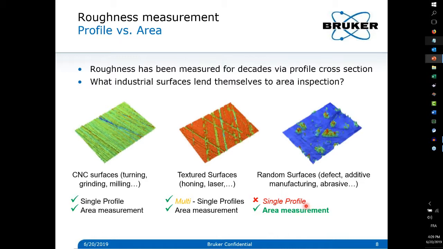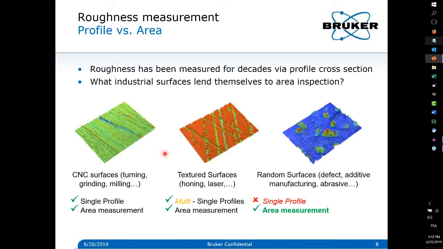Also, roughness measurement has evolved. We started to measure roughness through stylus mechanical profilers, where a tip just scans across a surface. In that case, it depends on how much applications have evolved, because nowadays we have more complex engineering surfaces.